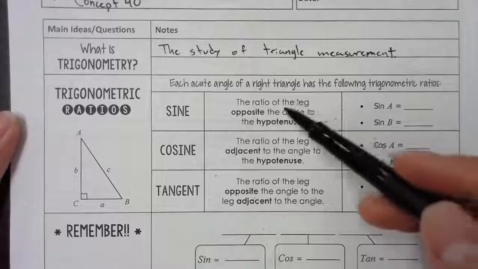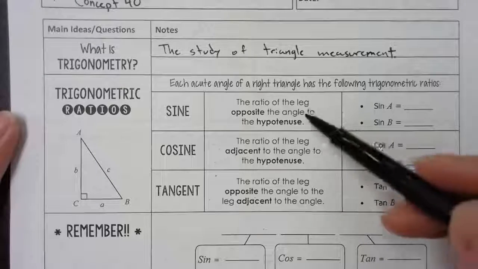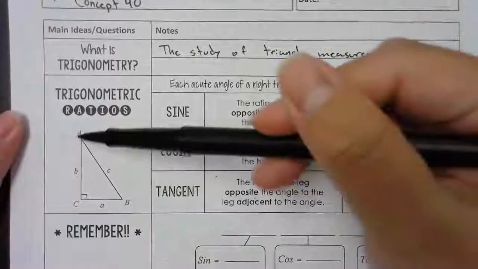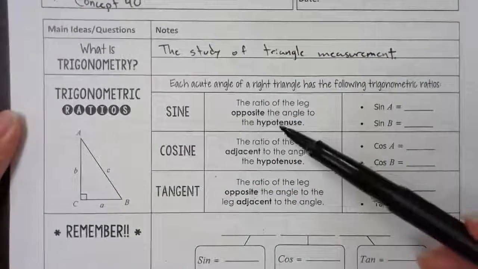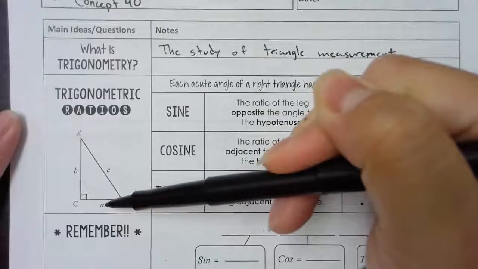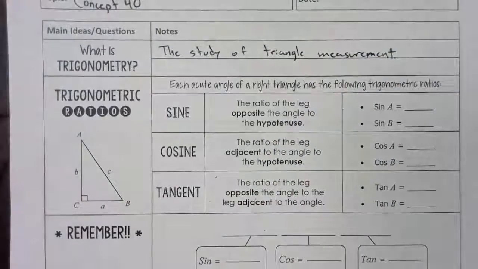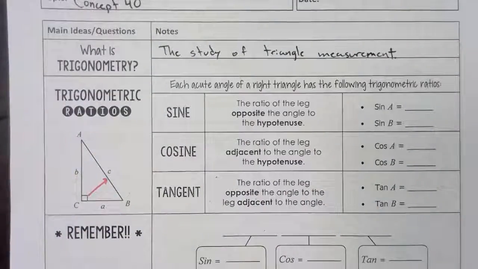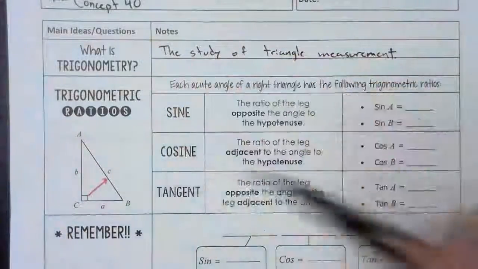So the sine is the ratio of the leg opposite the angle to the hypotenuse. So sine of A, here's A. Sine is opposite over hypotenuse. So from angle A, opposite side would be little a. The hypotenuse, of course, is always going to be opposite the right angle, so little c. So sine of A is little a over c.